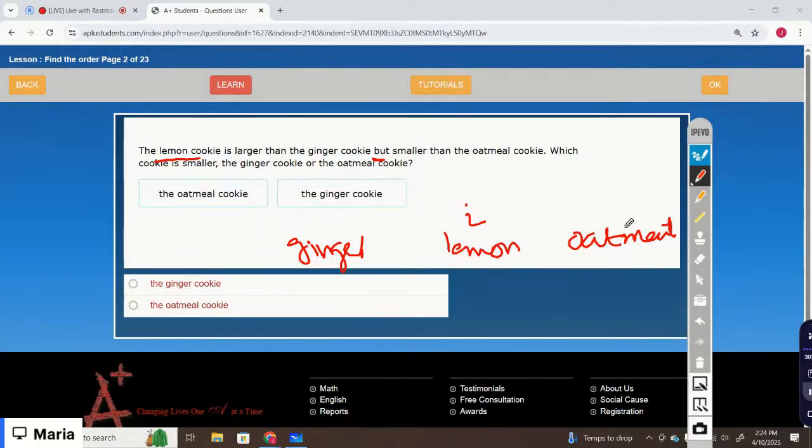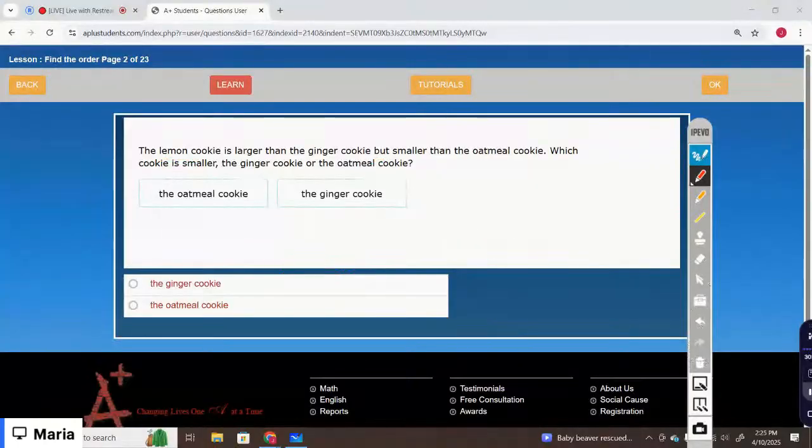So that means the largest cookie is oatmeal and the smallest cookie is ginger. Got it? So the ginger cookie is the smallest. Option number one is the correct option.